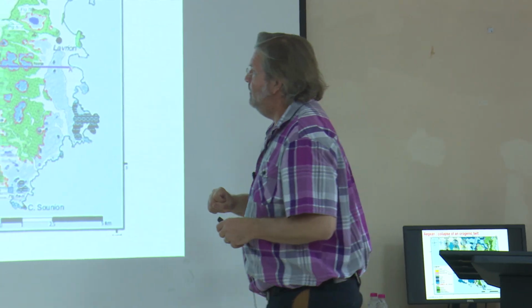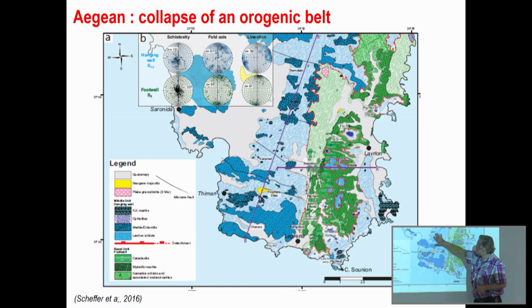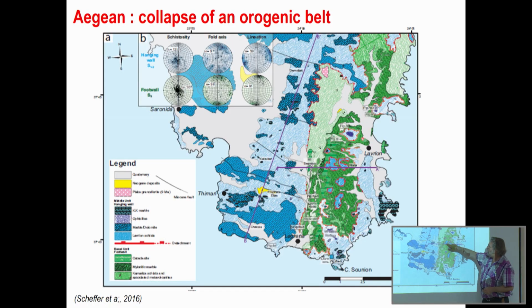So what's happening here? So we have here a blue unit made of marble and schist, mostly blueschist. And a green unit that is in contact with the blue unit with here a red contact. And you can tell by its shape that it's fairly flat-lying. It's almost horizontal. And the blue is on top of the green.